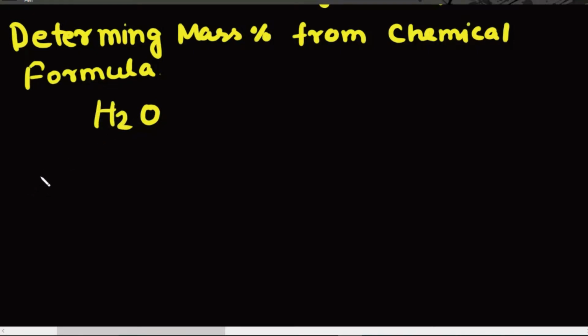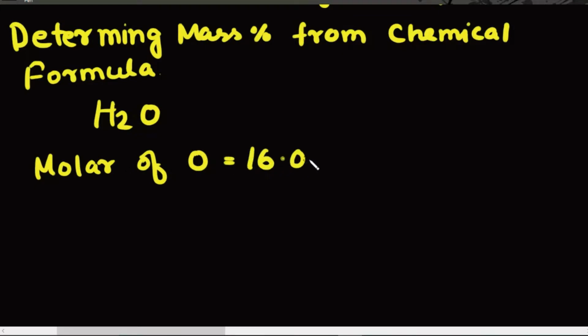First of all, we will calculate the molar mass of each of the elements as well as that of the compound. Molar mass of oxygen is equal to 16.0 into 1, since only one oxygen atom is present in the compound, which is equal to 16 gram per mole.